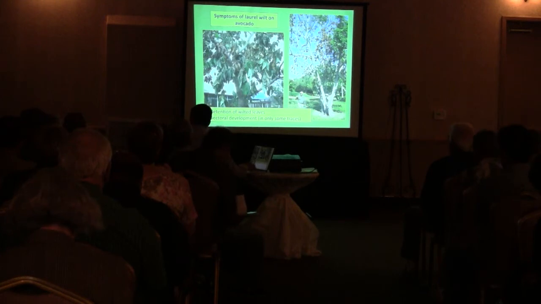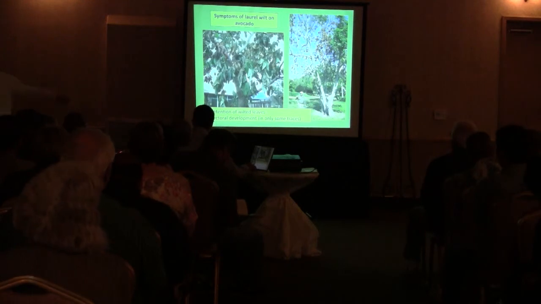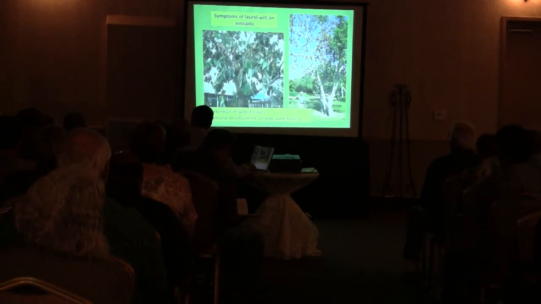Another typical symptom of this disease is this sectoral development of disease. This tree here on Merritt Island in Florida, you can see this right-hand side of the tree is healthy, but the branch or the trunk on the left-hand side is dead. So you'll have a portion of the tree die or be affected, but not the entire tree, and that is common as well.